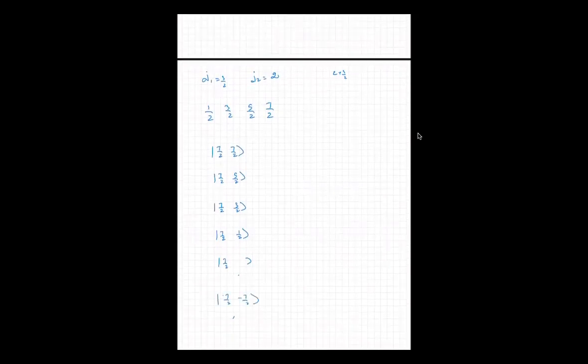Now this is j equals 7/2. Then j equals 5/2. The topmost state corresponds to the m value 5/2, 5/2, 3/2, and so on and so forth. Then j equals 3/2. The topmost state corresponds to 3/2, 3/2, 3/2, 1/2, and so on and so forth. And j equals 1/2. The topmost state corresponds to 1/2, 1/2.